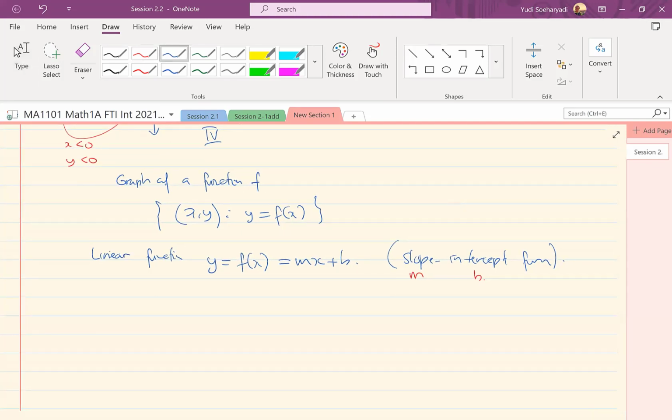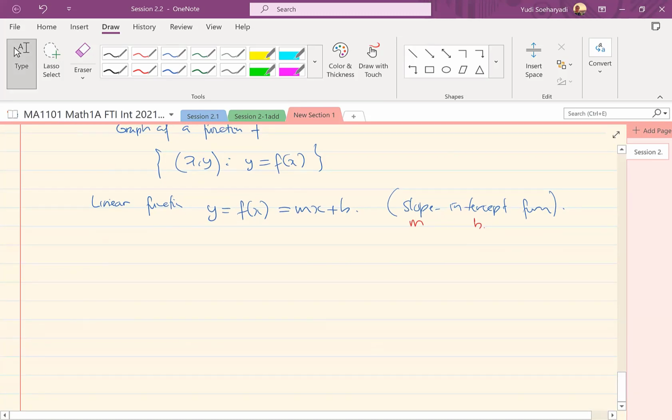All right, so the graph should be... Now, what makes things easier is that a line is only determined by 2 points. Okay? So you need only 2 points to draw this one.